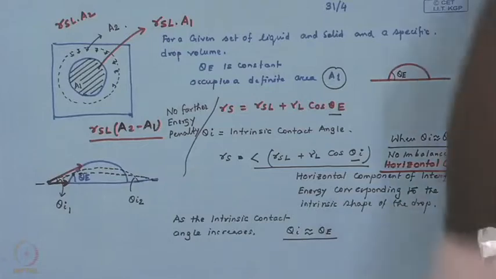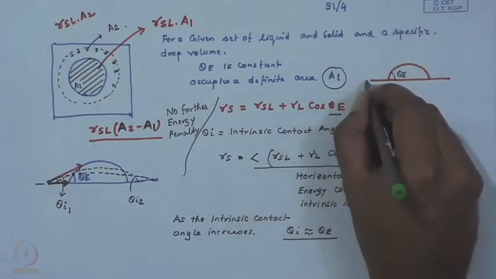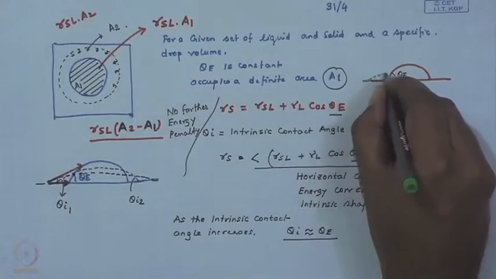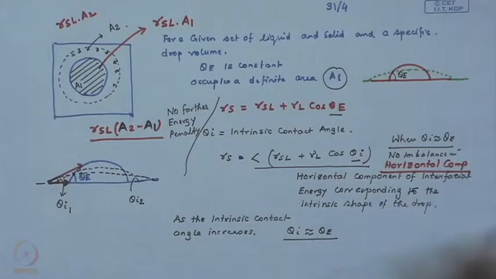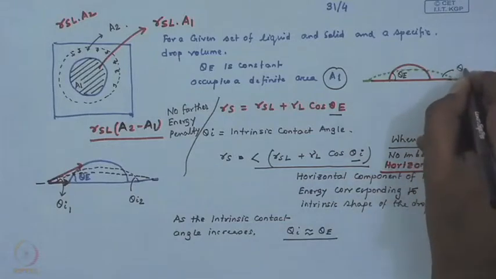Then, as a thought experiment or as a real experiment, we perturbed this drop, which was making an equilibrium contact angle theta E, to an intrinsic contact angle, let us say theta I1.